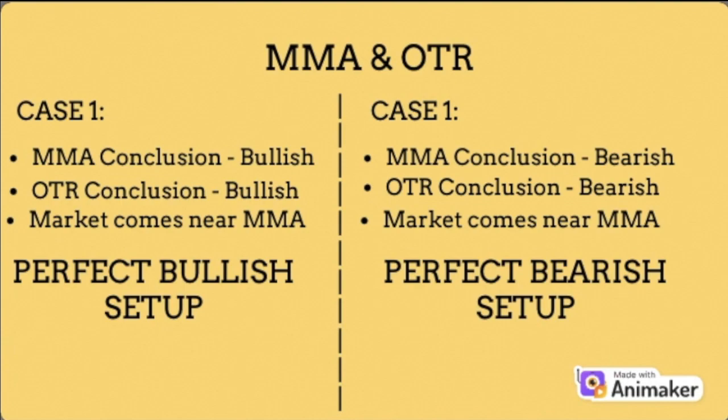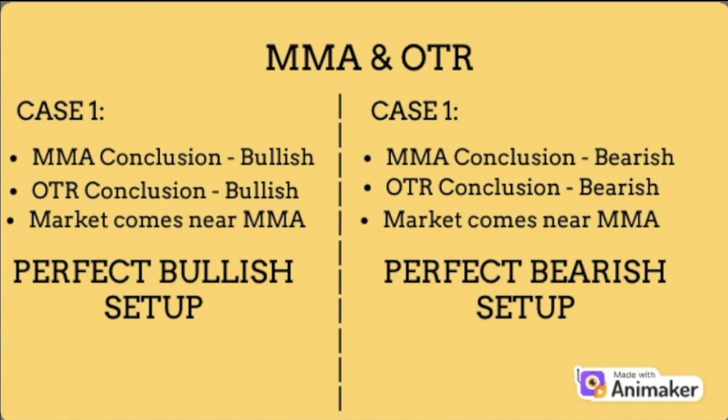That's really close to the MMA. If it crosses the MMA, then it's good to avoid trading in that scenario, because OTR is seeing bullish, right? But if it's very close to the MMA and OTR is bullish and MMA is still bullish, it could suggest a very good bullish setup.